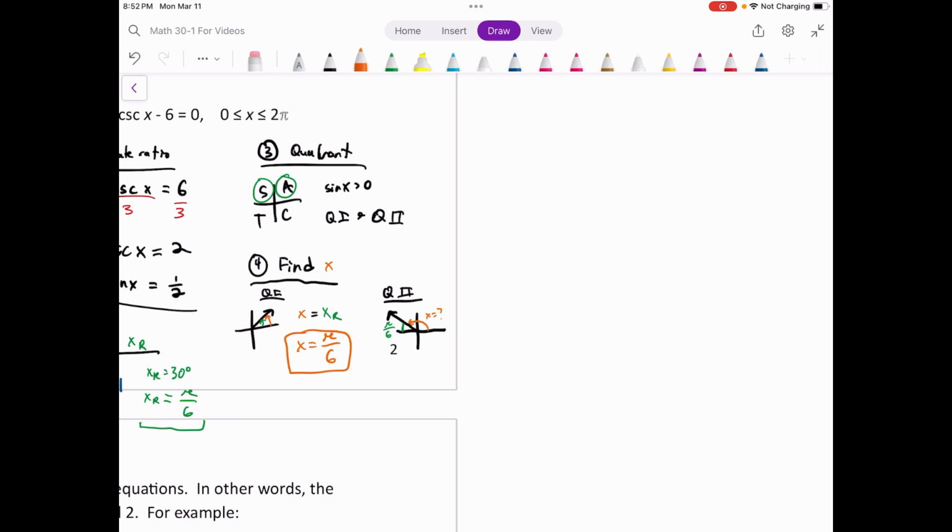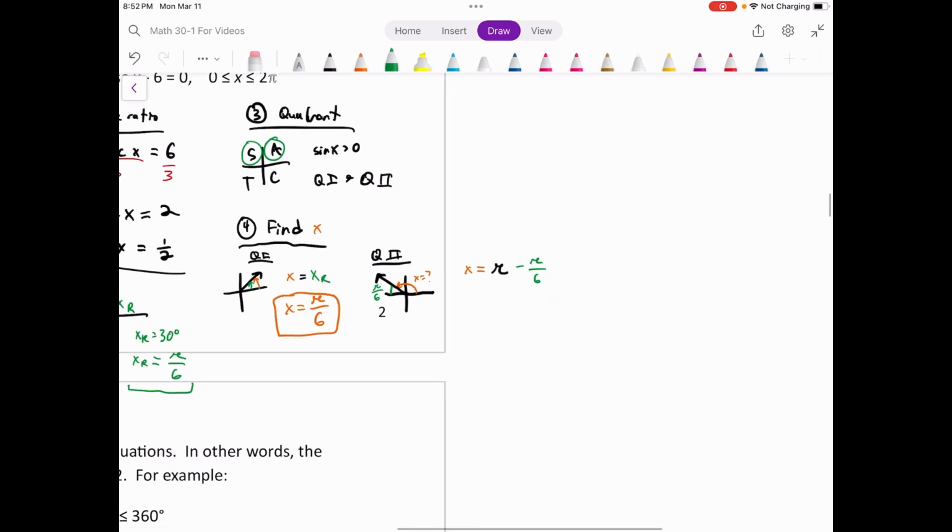So let's think about how we could figure it out. Well, we could take a full pi, 6 over 6 pi, and subtract the 1 pi over 6 that we didn't quite do, right? That reference angle there tells us that we're pi over 6 short of a full pi for this angle.